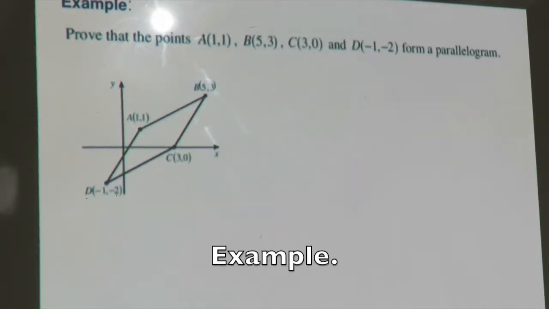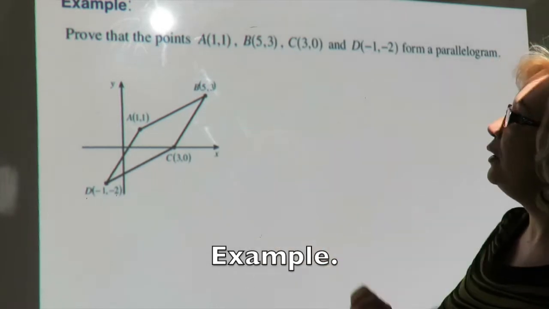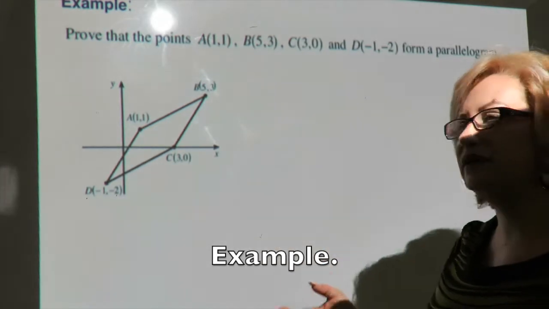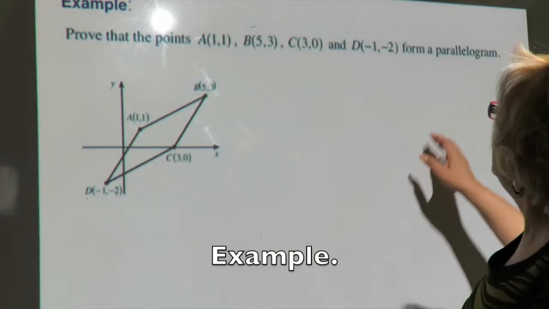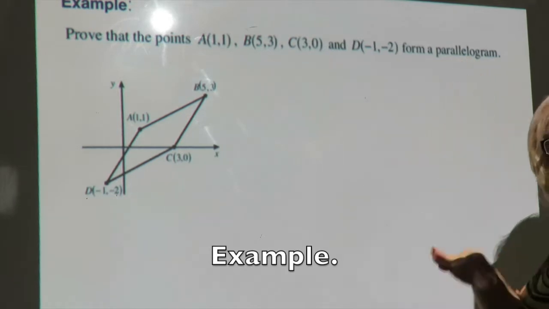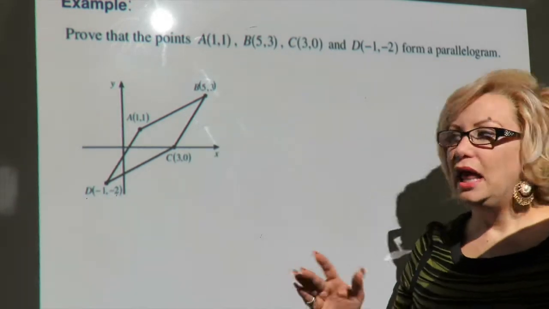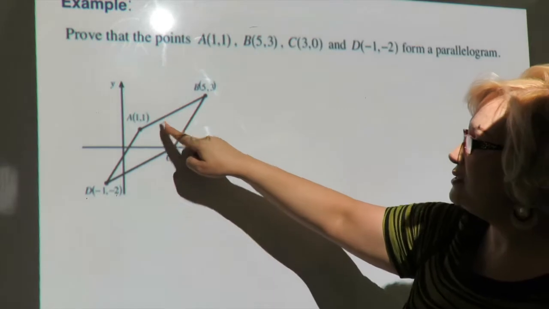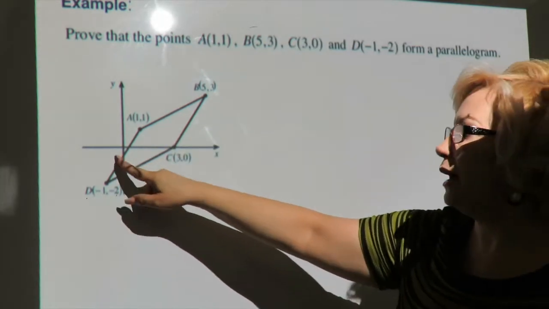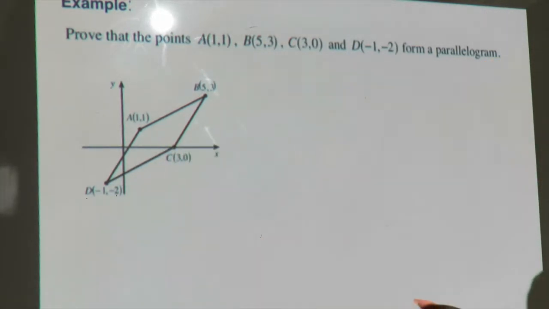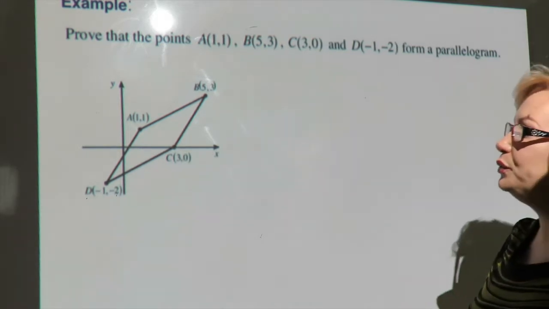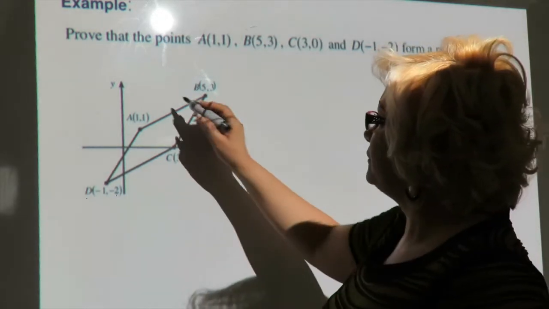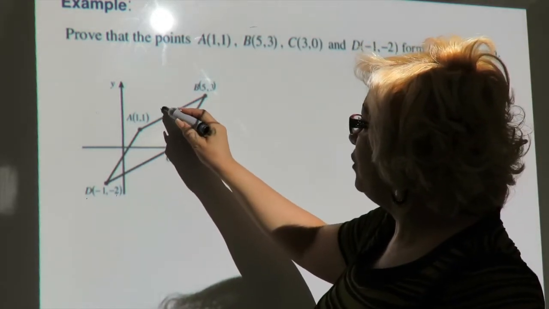Over here we have an example, and it is a quadrilateral. They are asking us to prove if this quadrilateral is a parallelogram. Parallelogram, what does that mean? That the opposite sides must be parallel. And what did I say previously? That if we have two parallel lines, the gradient must be the same. So what we're going to do is find this slope over here.